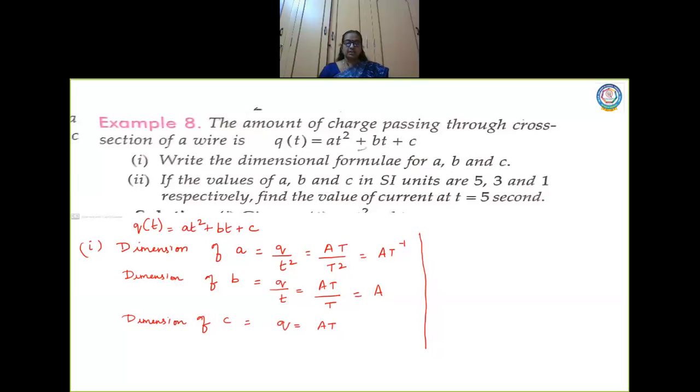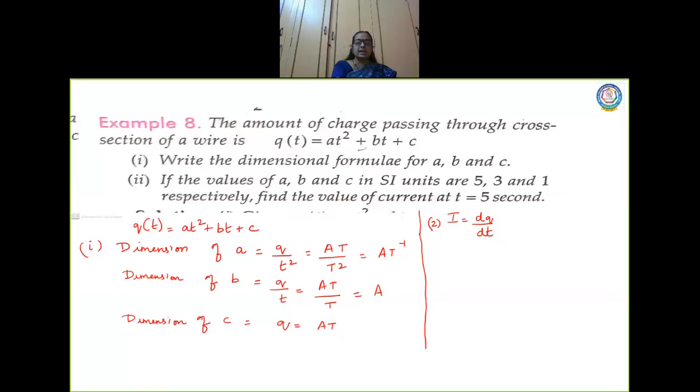Now the second question. If the values of A, B and C in SI units are 5, 3 and 1 respectively, find the value of current at t is equal to 5 seconds. What is the formula for current? I is equal to dq by dt, which is the instantaneous current.